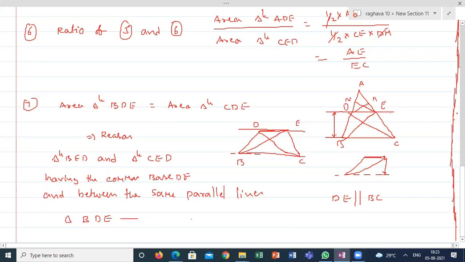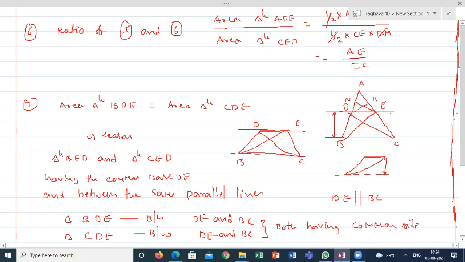BDE is also between DE and BC. CDE is also between DE and BC, and both have one common side, which is DE. One parallel side is the common side.